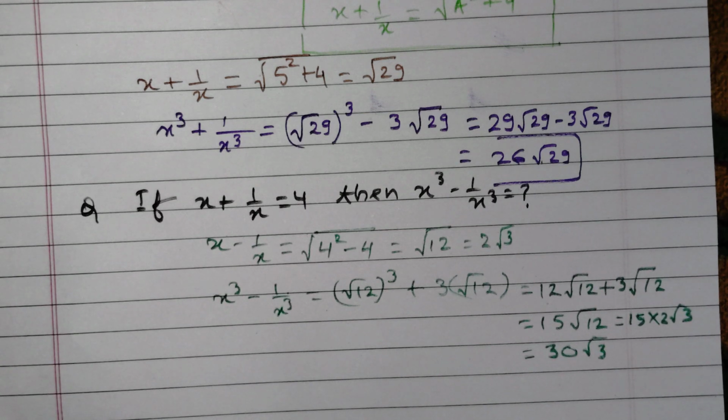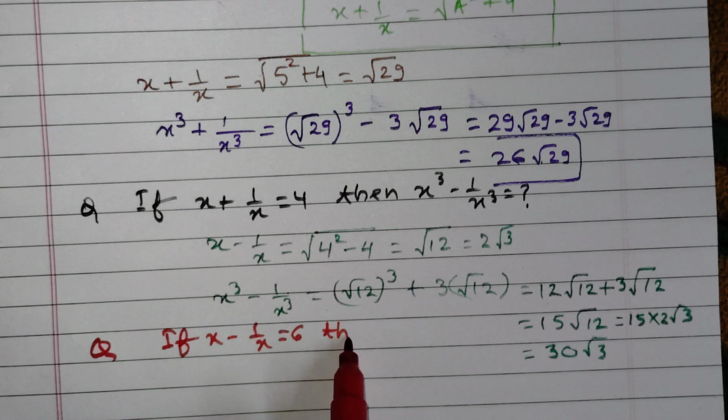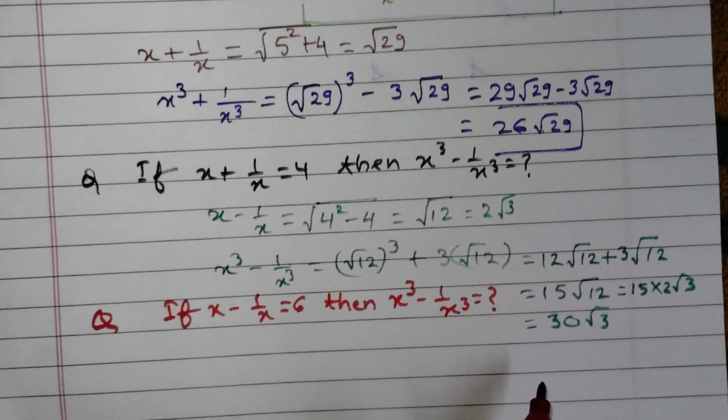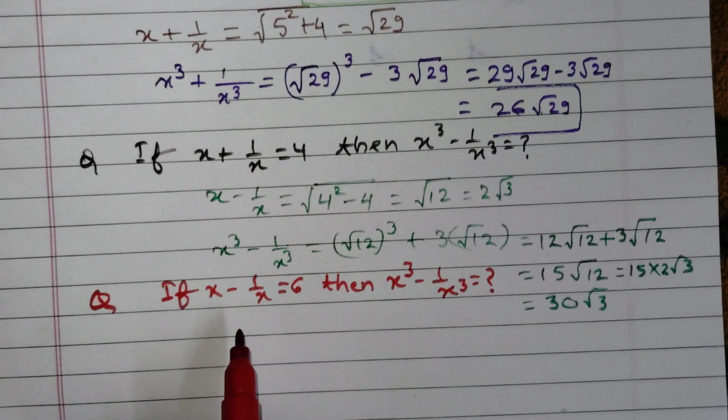A similar pattern based question is there for practice. So the next question is: if x minus 1 upon x equal to 6, then find x cube minus 1 upon x cube. It is directly solvable.